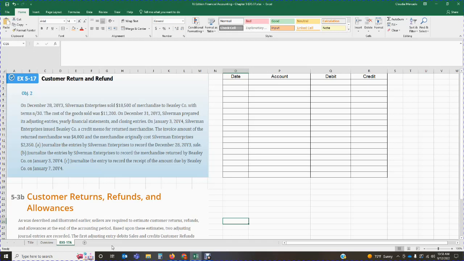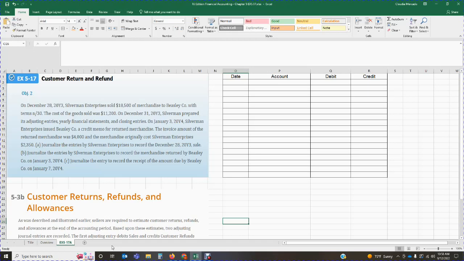On January the 3rd, 20Y4, Silverman Enterprise issued Beasley Company a credit memo for the returned merchandise. The invoice amount of the returned merchandise was $4,000, and the merchandise originally cost Silverman Enterprises $2,350. And we have 3 requirements in this problem.